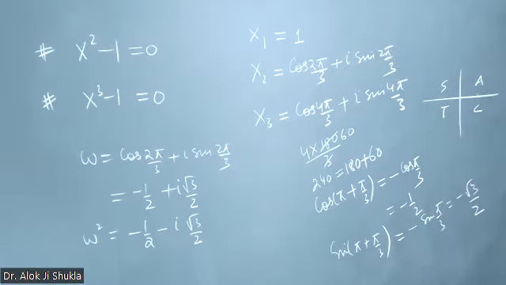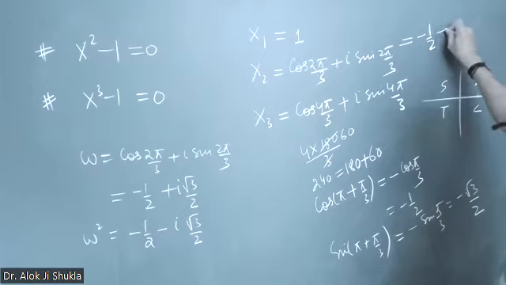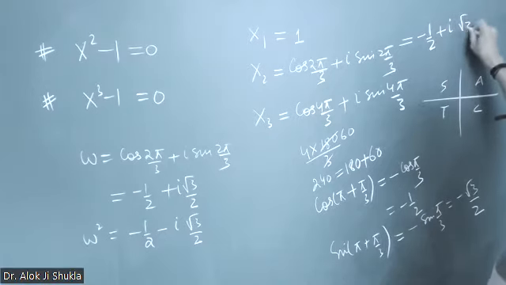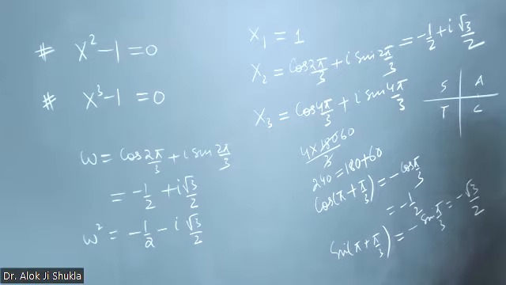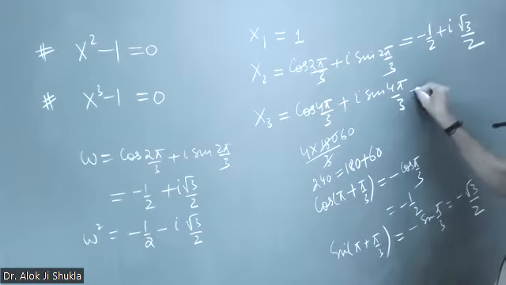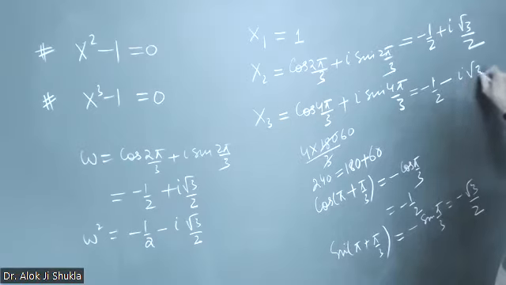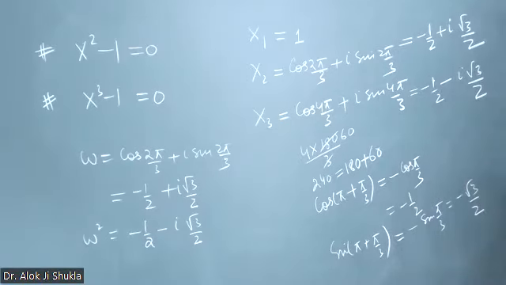अब बताओ जरा, somebody was asking something. What was this? This was minus half plus iota root 3 by 2. And what we got here is minus half minus iota root 3 by 2. Now tell me if you have any confusion.